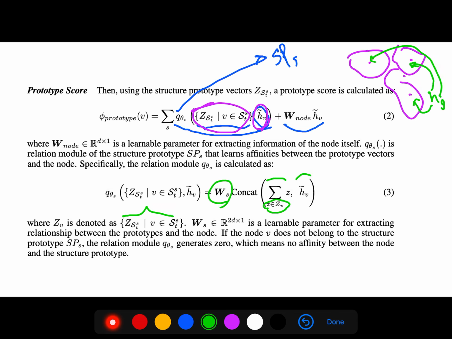If the node V does not belong to the structure prototype, the relation module generates 0. So it's different from ProtoNet, because it also has a null case that we assign to 0 if the node doesn't belong to any of these structures, because there are two structures in this paper, as I said, cliques and bi-connected components.